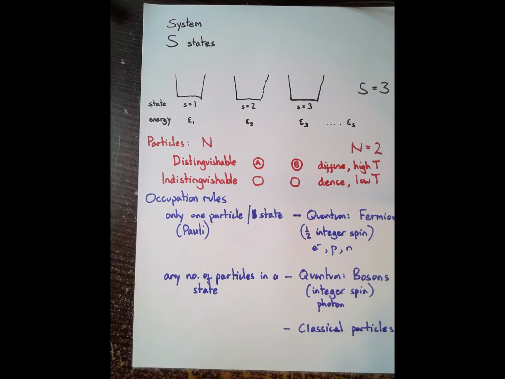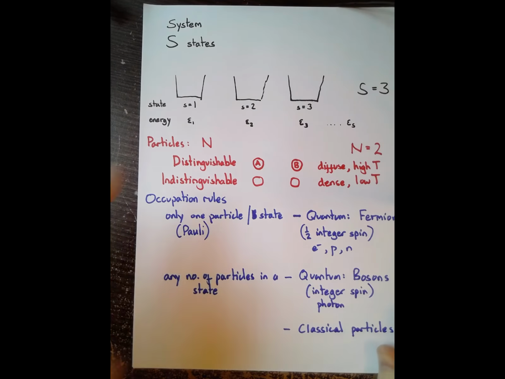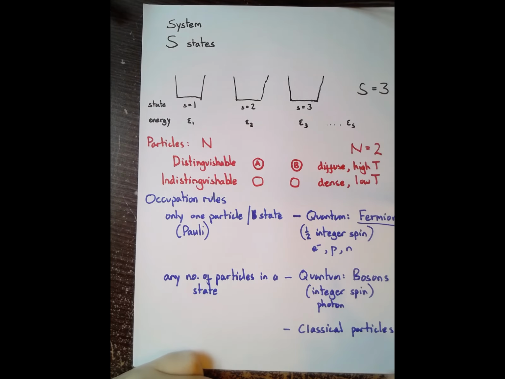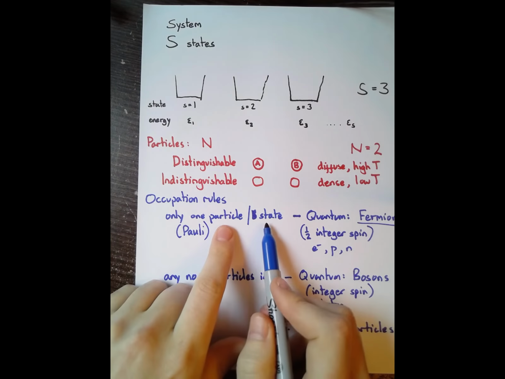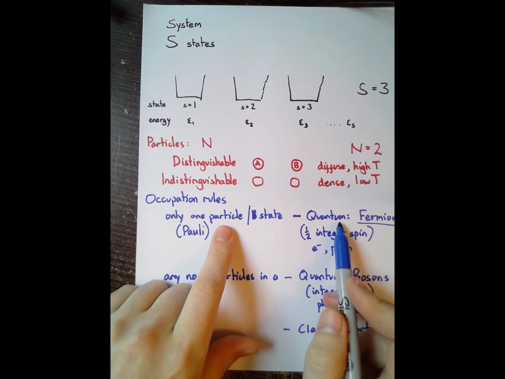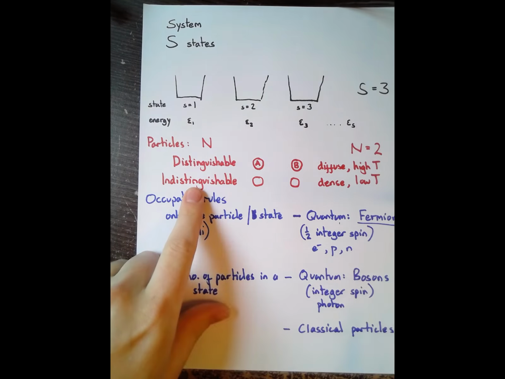So you essentially have three options for types of particles you can place in these buckets. You can place in fermions, in which case you can only place one particle per state, and because they're quantum, they're indistinguishable.